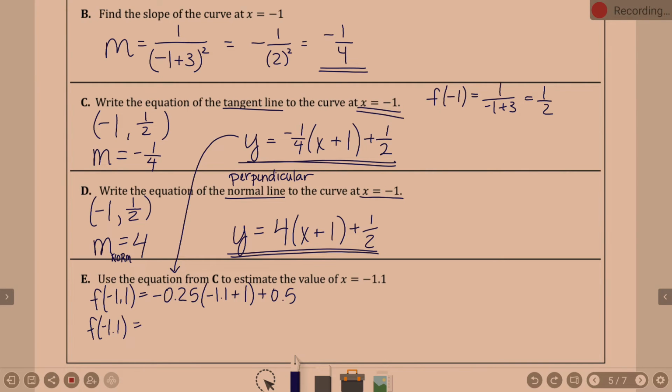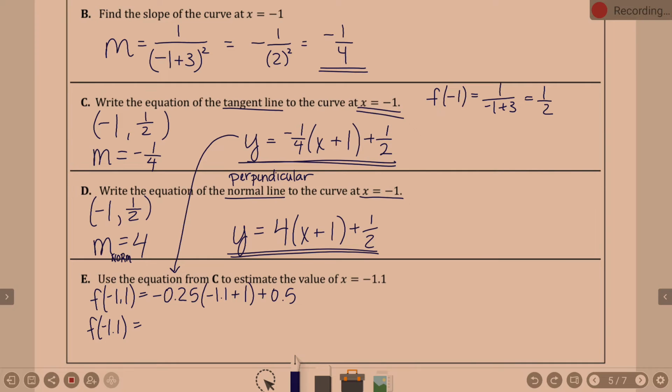Okay, well, think logically here, guys. -1.1 plus 1. Okay, 0.1 times the -0.25. Oh, wait, did you guys say -0.1? It is -1.1. I don't know if you guys said it or not. I don't even know what I said at this point.